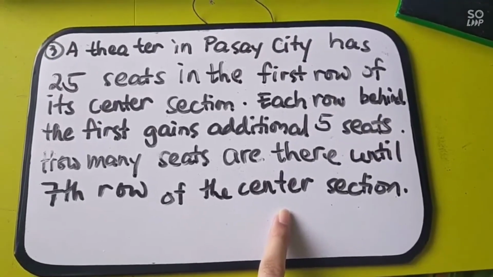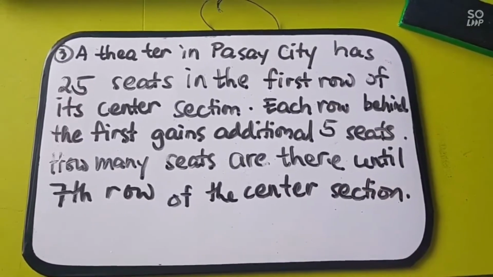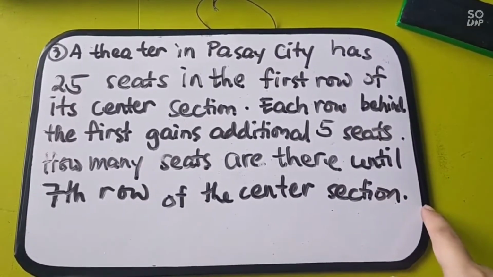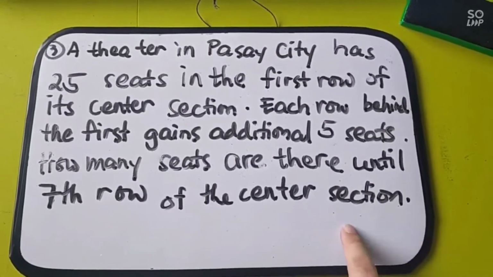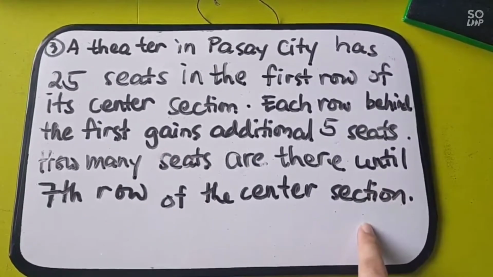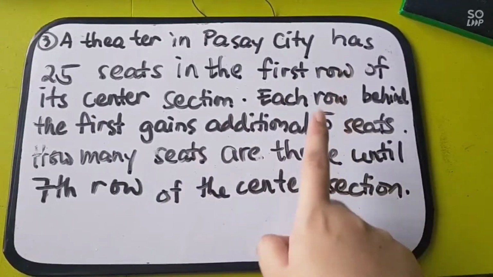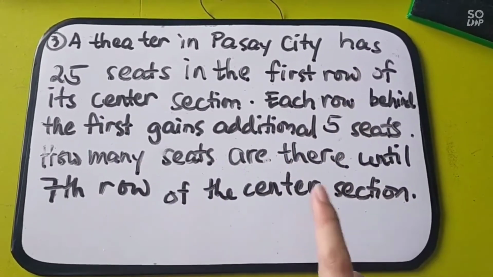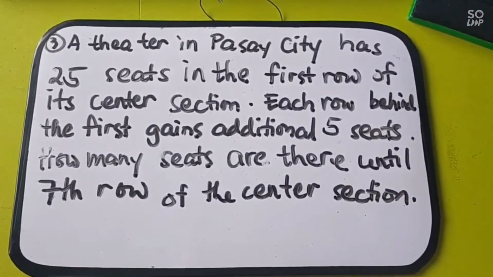So, therefore, it is a series. Is it clear? Okay? So, please analyze first the given for you to know which formula you will use. Since what it is looking for is from the 1st row until the 7th row, the arithmetic series formula is what we will use. Alright?